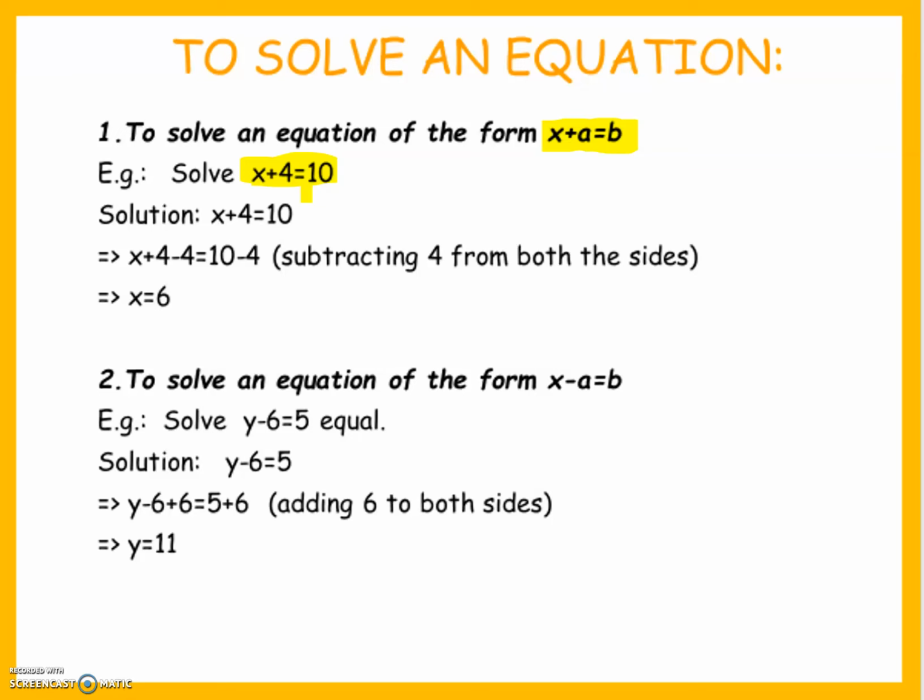So what I do is subtract 4 from both sides of the equation, and since 4 minus 4 is 0, I will have x equal to 10 minus 4, but 10 minus 4 is 6, and this is x equal to 6.